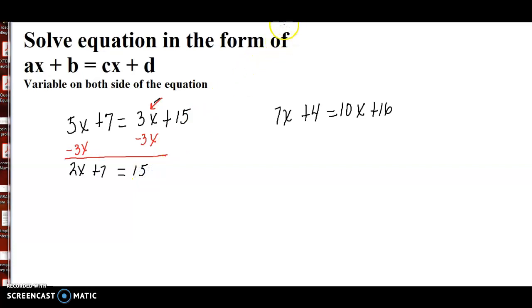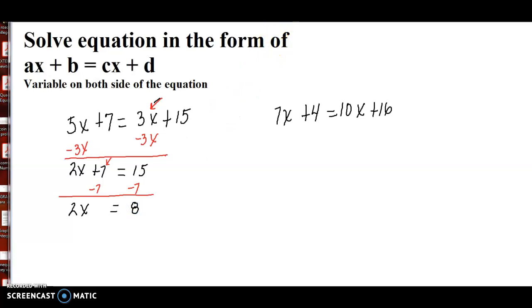Now, I need to get rid of the 7 here. The only way I can get rid of that plus 7 is to subtract 7. So I'm going to subtract 7 from both sides of the equation. When I subtract the 7 from both sides of the equation, I get 2x is equal to 8.